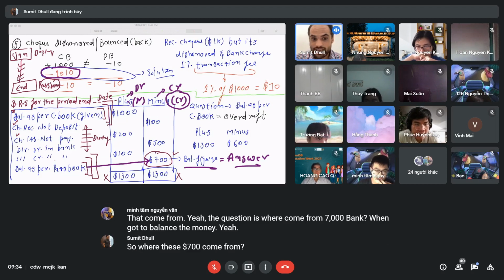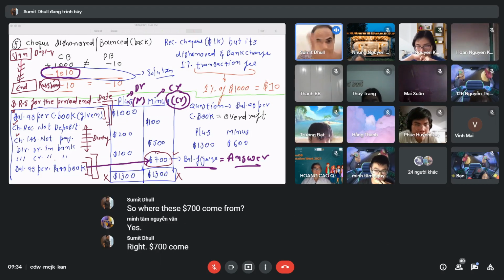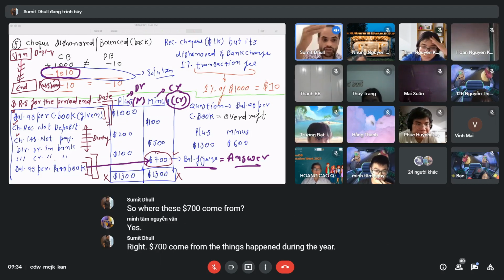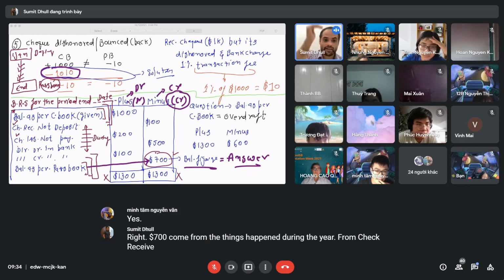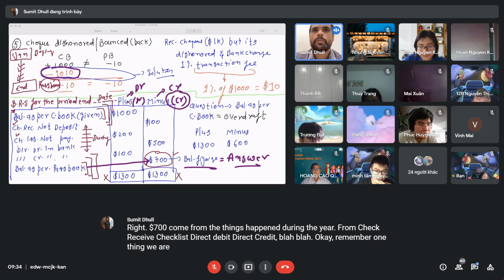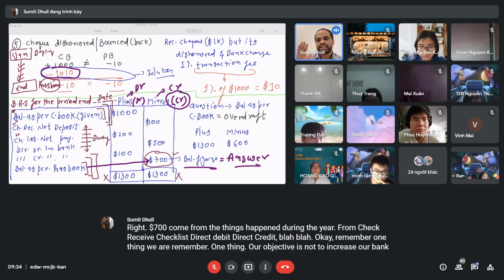The $700 comes from the things that happened during the year: checks received, checks issued, direct debit, direct credit, and so on. Remember one thing: our objective is not to increase or decrease our bank balance.